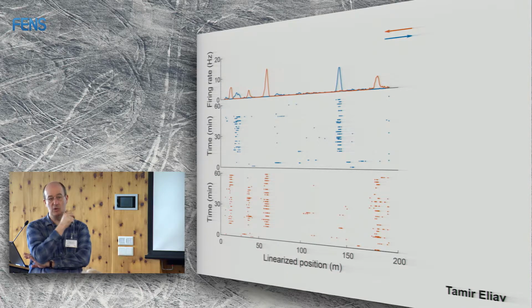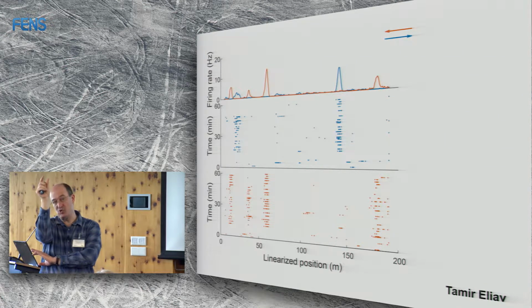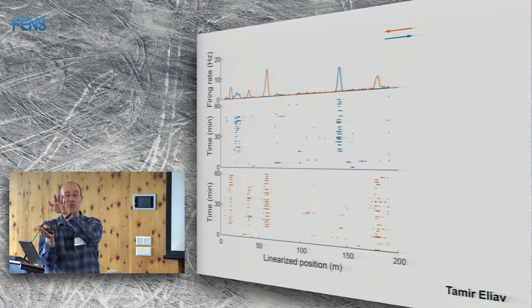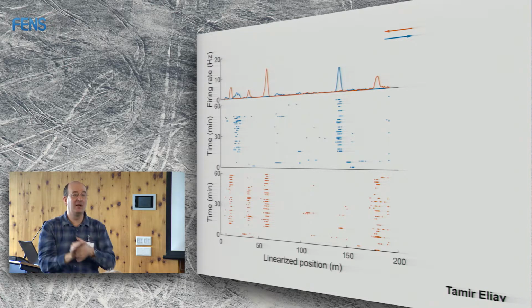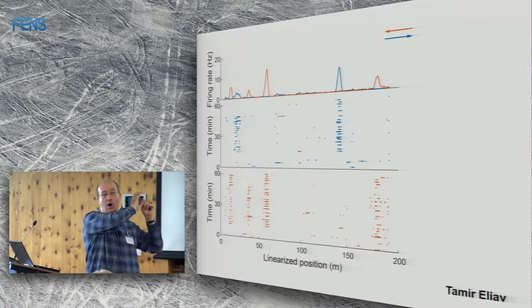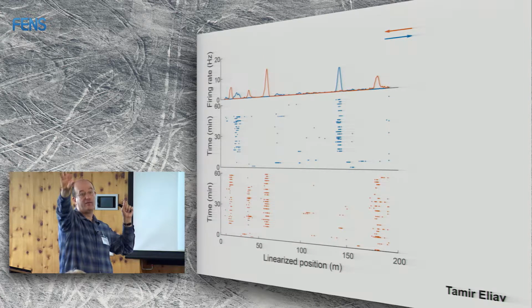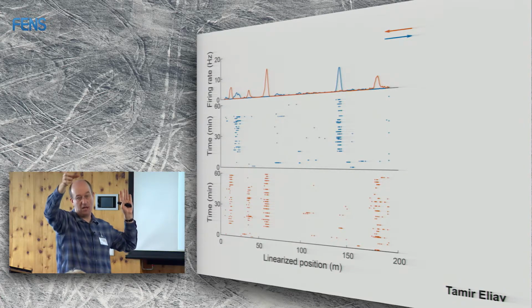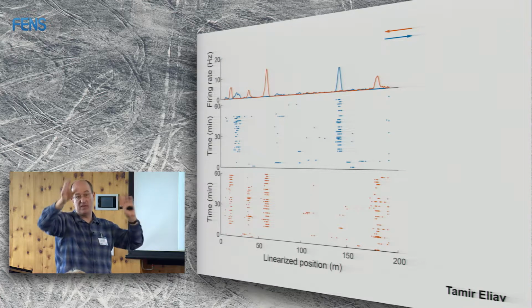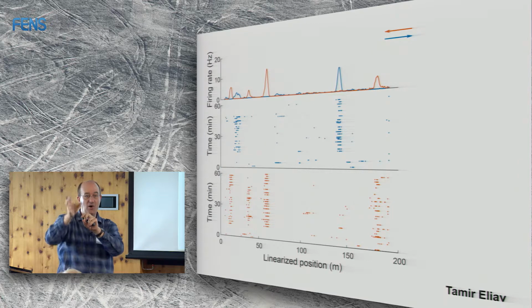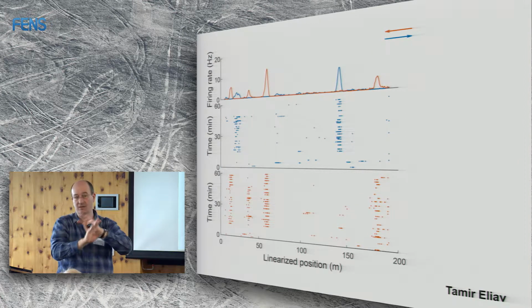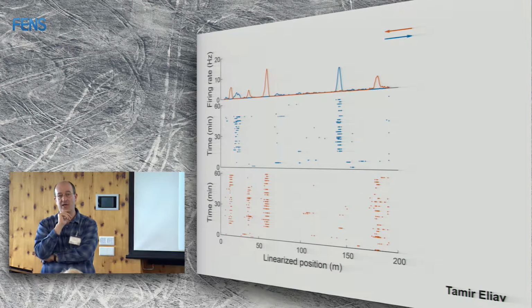We don't have it right now, but when we build this longer version of the tunnel, which is almost 1 kilometer long, we'll also have a short arm that's only 12 meters long, and then ask this multi-scale question. Are the same neurons representing a very long environment, 800 meters long, and also a very short one, or is it a different population of neurons? Do the neurons have the same field size in both, or do they rescale? These are all open questions, but we plan to do that.